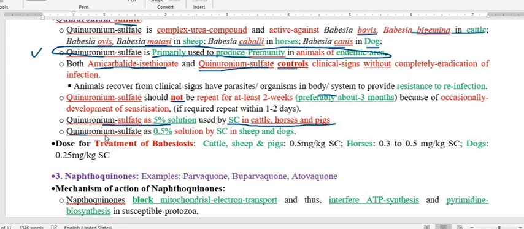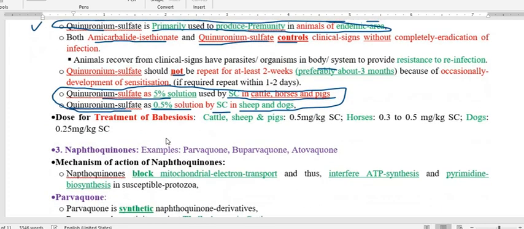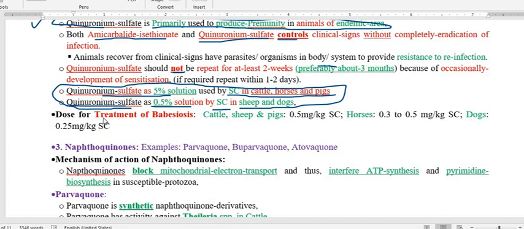Quinuronium sulfate as a 5% solution we use in cattle, horses, and pig by subcut, and quinuronium sulfate as a 0.5% solution we use by the same subcut route in sheep and dogs. So this is important: quinuronium sulfate as 5% solution and 0.5% solution depending on the species.